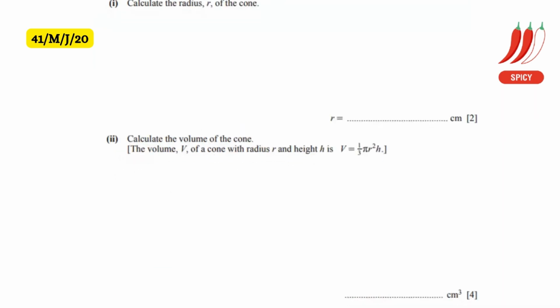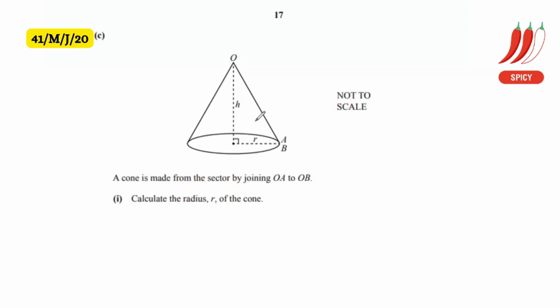Then it says calculate the volume of the cone, and the volume of a cone with radius r and height h is V equals 1 over 3 pi r squared h. So we just found the radius, which was 3.66, and I told you that OA is 8.